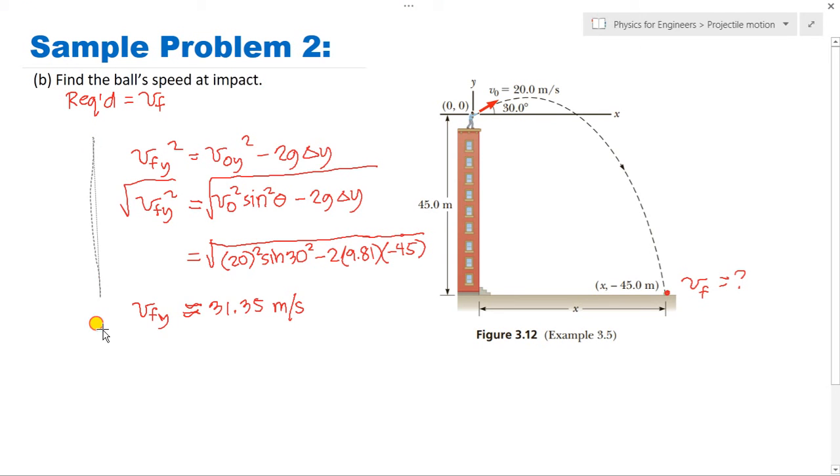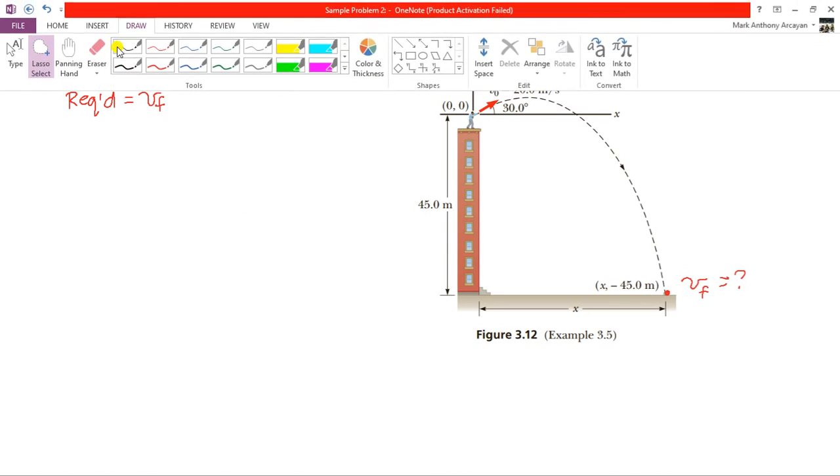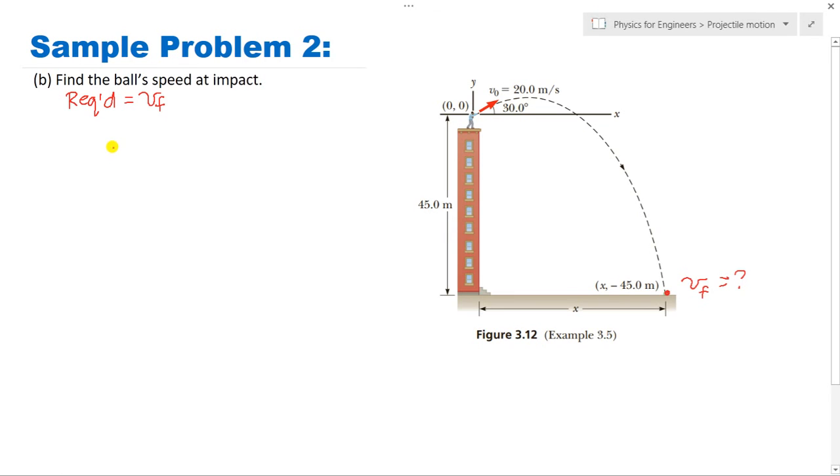Let me erase this first. For the x component, Vfx is just equal to, remember, uniform motion since it is rectilinear motion, Vfx is just equal to the initial velocity, Vox, wherein our initial velocity is V naught cosine of the throwing angle.